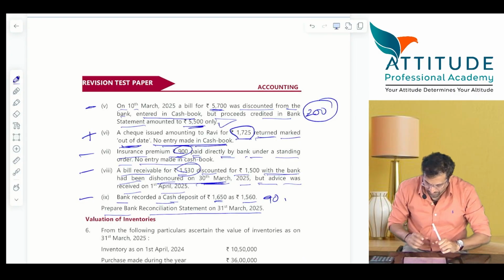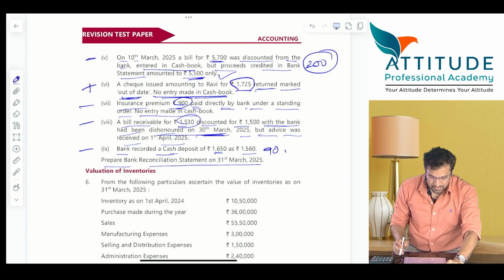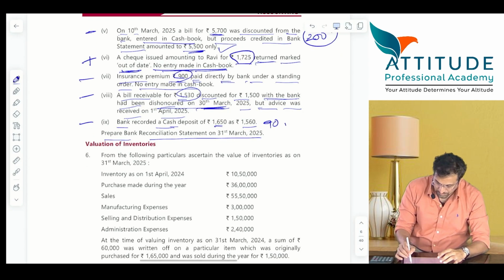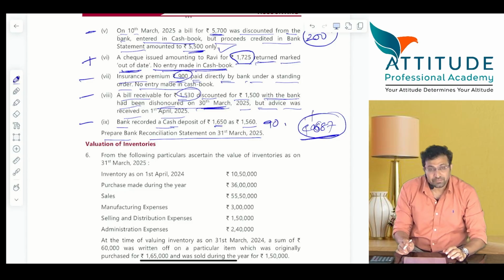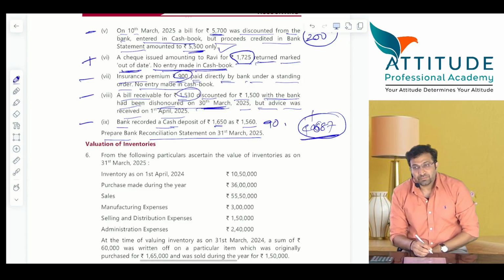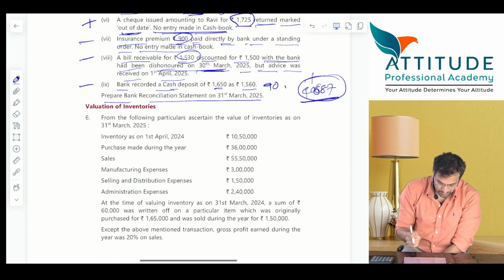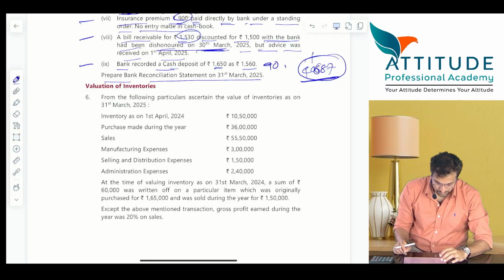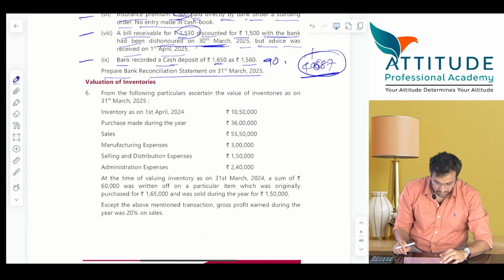Yes, Mantri? Just check the answer. 40687 should be the correct answer. Passbook balance 40687, balance as per passbook, that too positive, because the answer is positive. You starting positive. Clear?